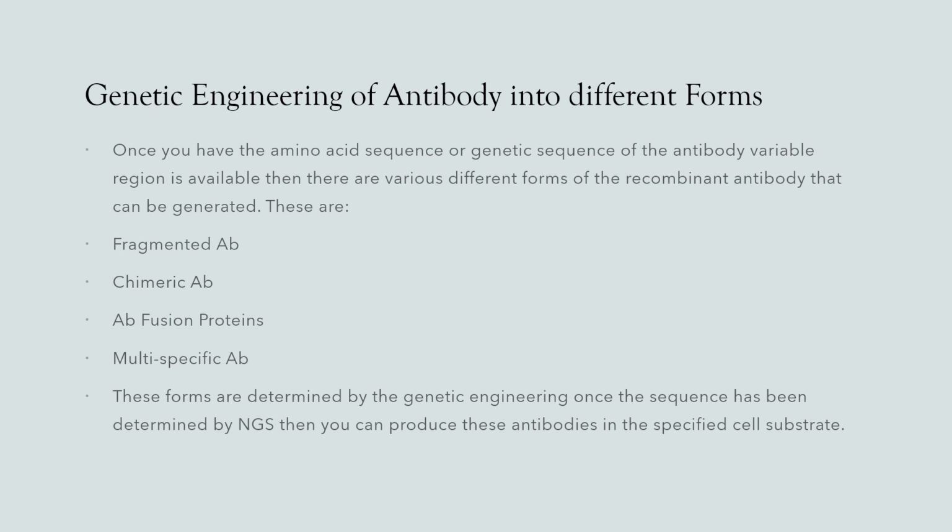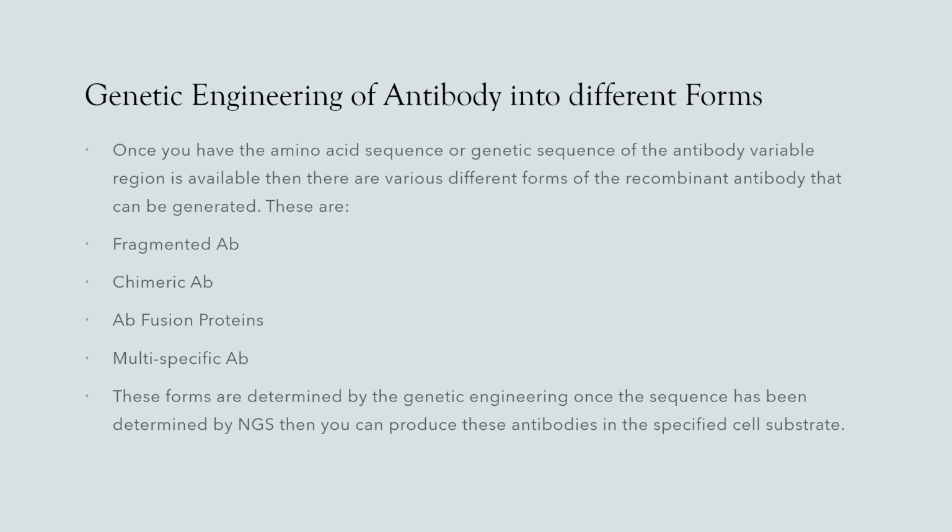So I just want to talk about how we have different forms of antibodies. Once you've got your amino acid sequence or your genetic sequence for your antibody, there are various forms that can be produced in cells, and these are the fragmented antibodies, which I've already discussed.